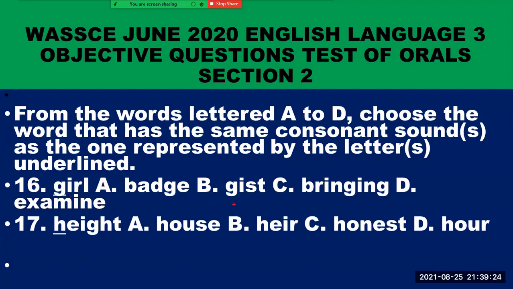Then C is bringing. You can see the sound of G in bringing, like in girl. So option C is correct because we are concerned with the sound here, not the letters.